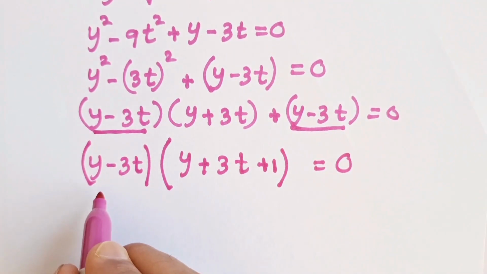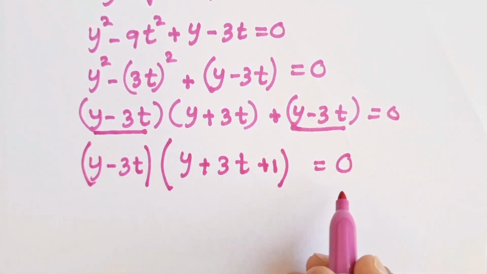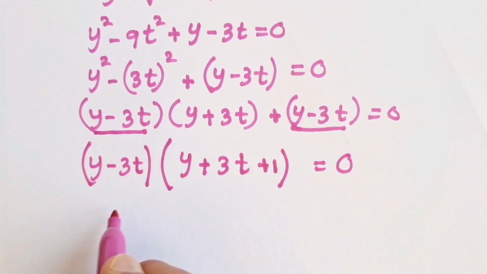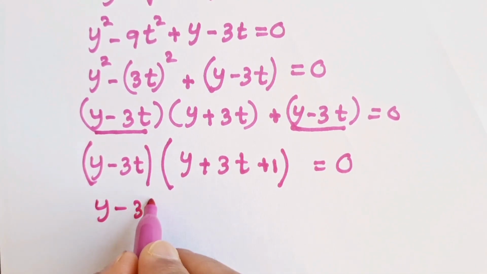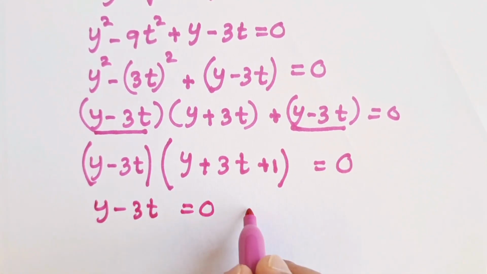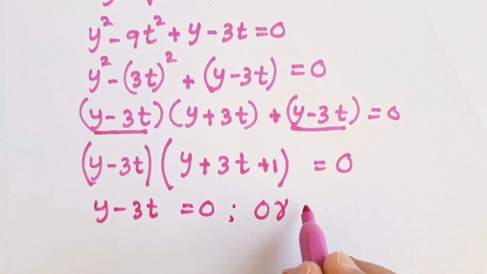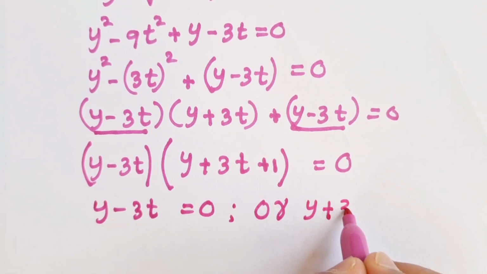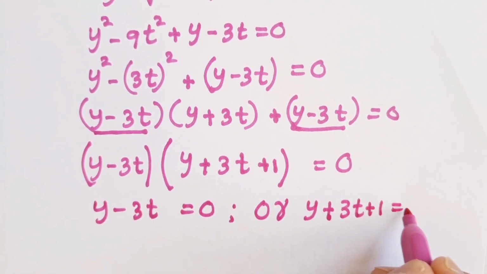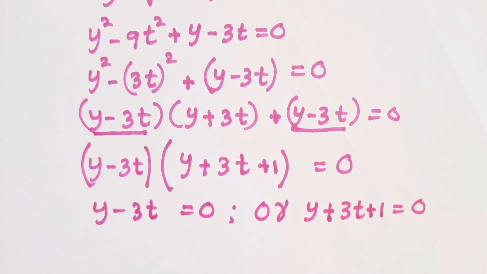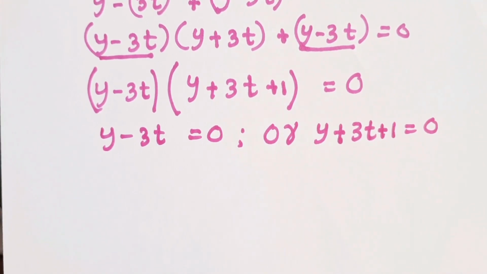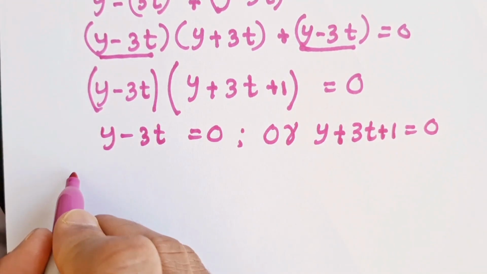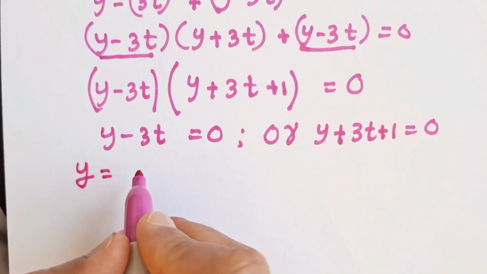So those two products are equal to 0. Therefore we can take, in the first case, y minus 3 times t is equal to 0, or in the second case y plus 3 times t plus 1 equal to 0. So I'm going to work on my first case now.